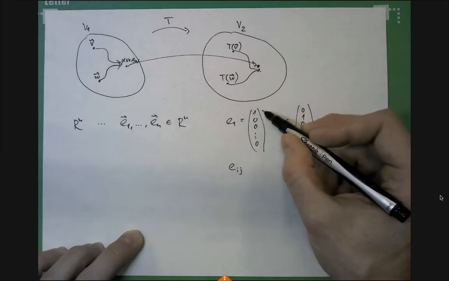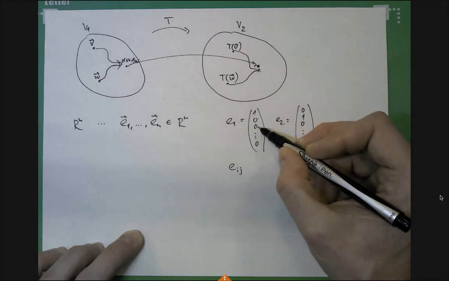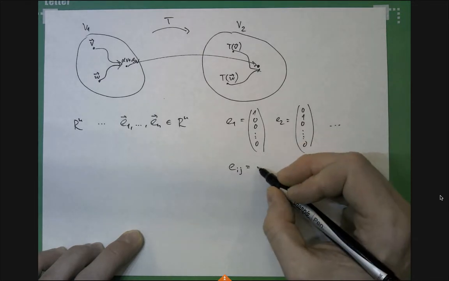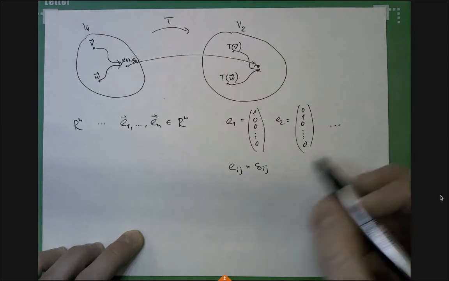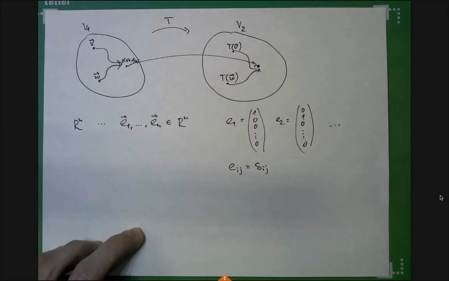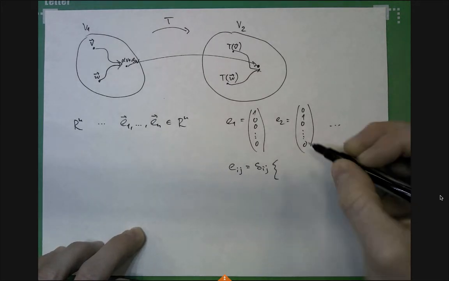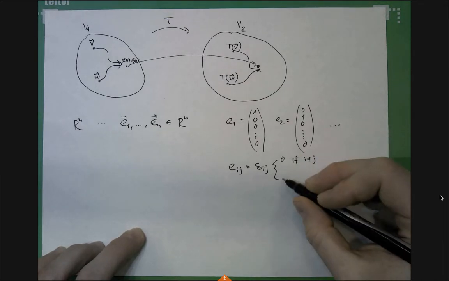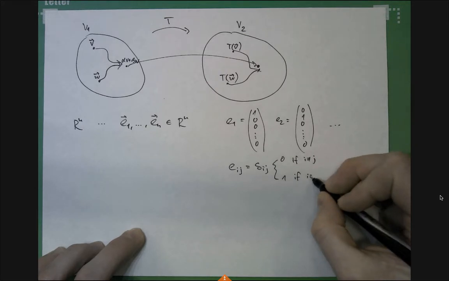So this would be E11, E12, E13, and so on. Are you with me? So I could write that E_ij is delta_ij, where this delta_ij is the Kronecker delta, which means exactly that it's 0 if i is not j, and 1 if i is equal to j.